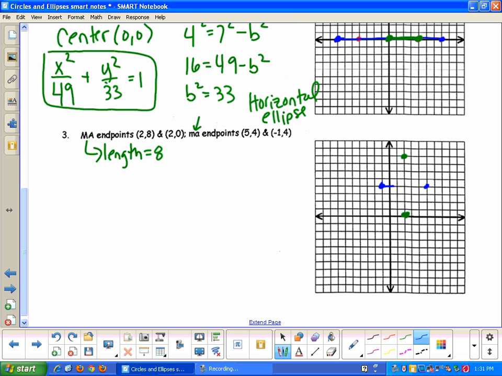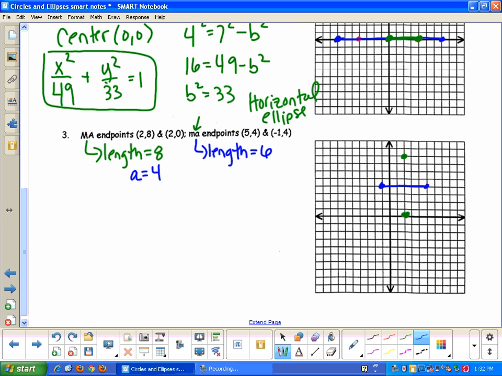So this would be 1, 2, 3, 4, 5, 6. So I know that length is going to be a length of 6. So that tells me that if my major axis length is 8, then half of that is going to be my a value. So half of that would be 4.